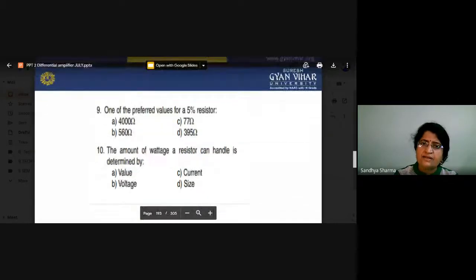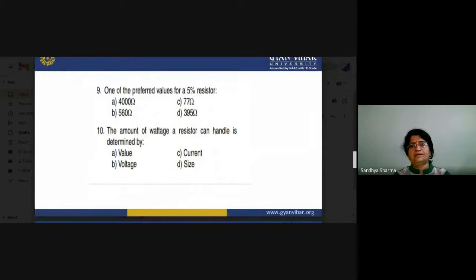I think we will be better at understanding resistance, what the basic property of resistance is, and what the color coding is. If you are given different color strips on your resistor, how can you easily read out the value of your resistance? Because it is not possible, if the size of the component is very small, it is very tough to print the accurate value on that particular component.